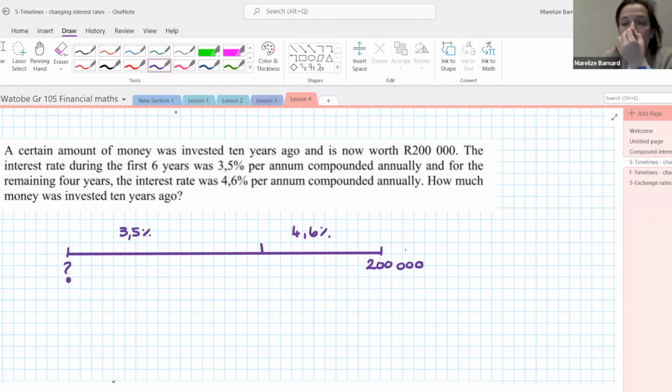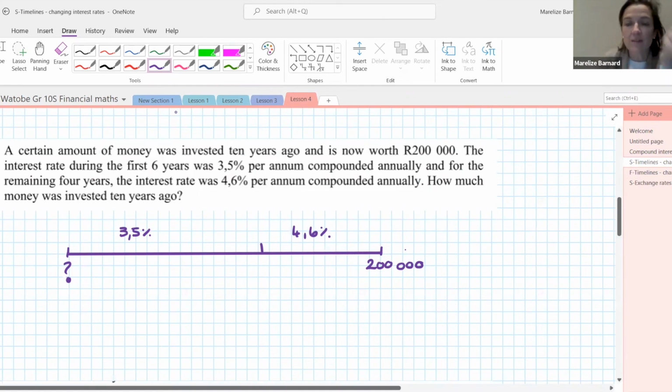So guys, those of you who are getting an answer, just check if your answer makes sense, because the money today is worth 200,000. So 10 years ago, it couldn't have been more than 200,000. Your answer to start off with must be a number less than 200,000.